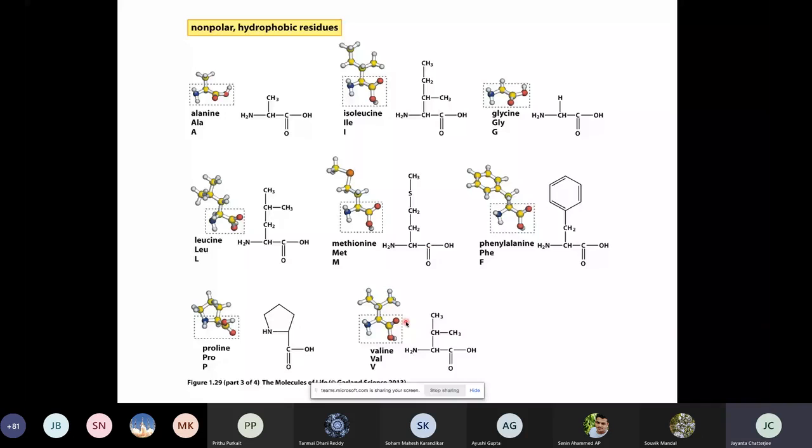Now, proline is a very, very special amino acid, just like glycine. Glycine, see, you can imagine that let's say you have another group connected to the NH and another group connected to the COOH. Let's not worry about what group.